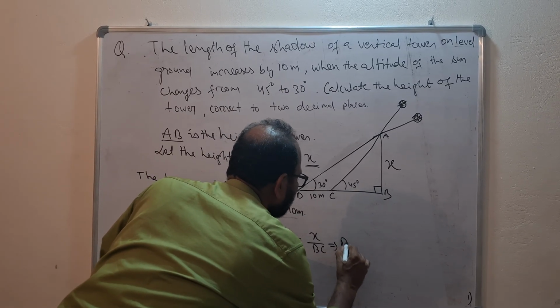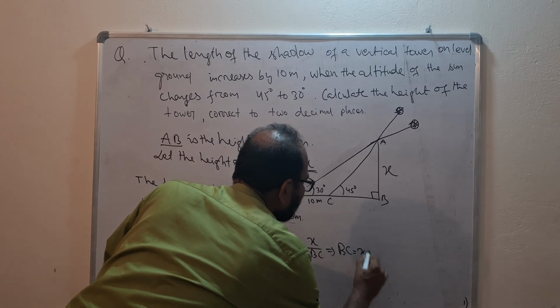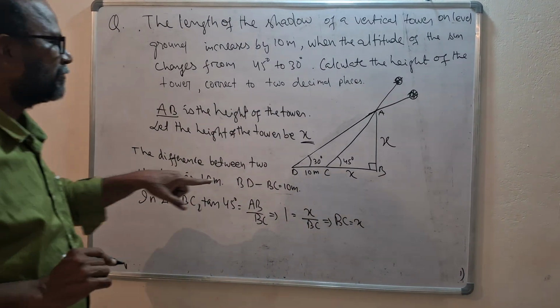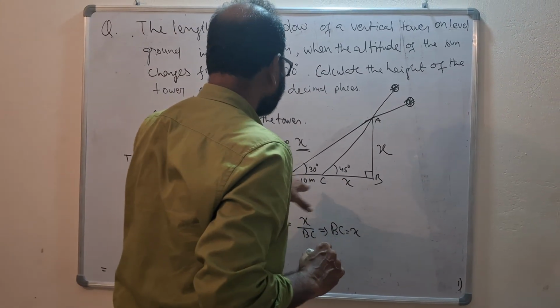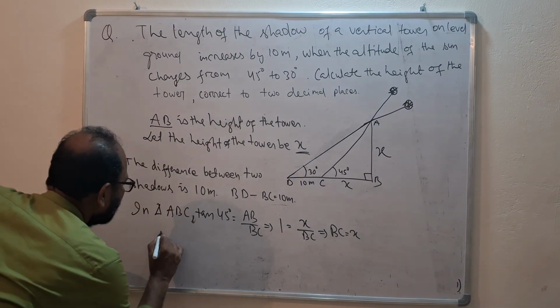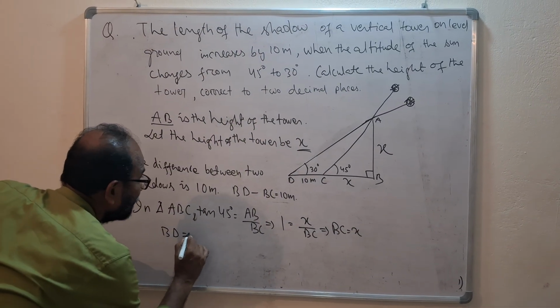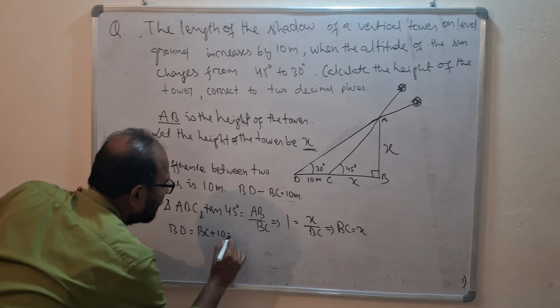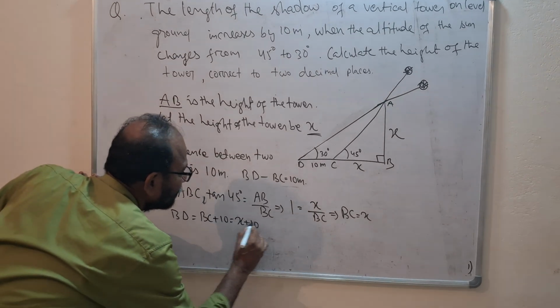This implies BC is equal to x. So BC is also x. Now BD is BC plus 10, which means BD is x plus 10.